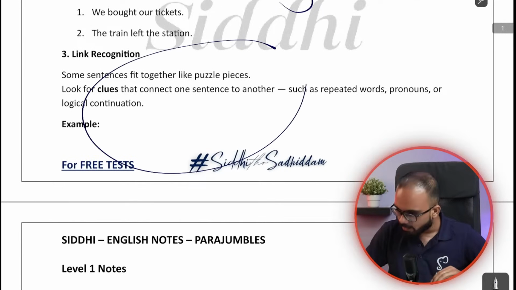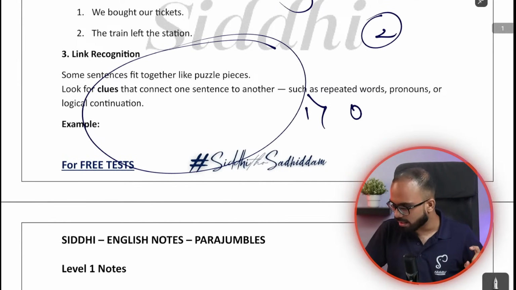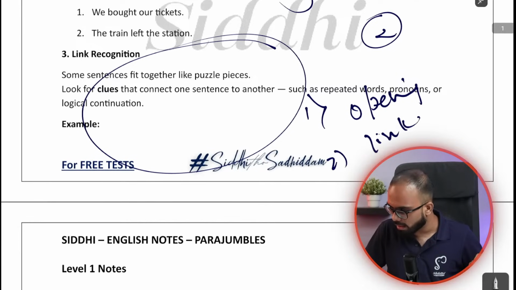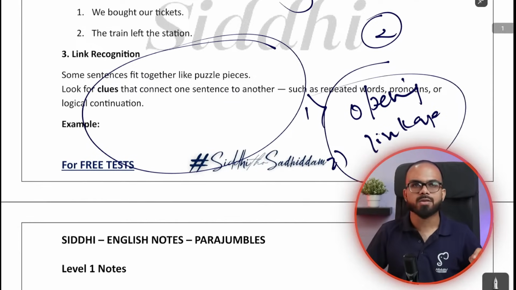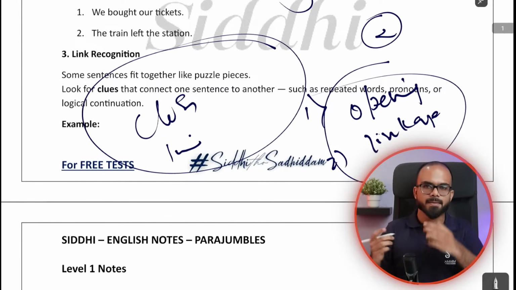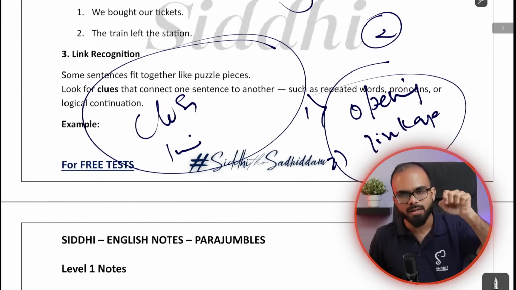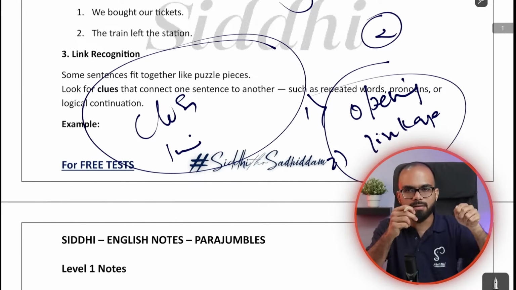Next is linking. Usually in parajumbles, you need to do two things. First is either identify the opening sentence and establish any one linkage, or identify a closing sentence and establish a linkage pair. For example, let us take one mandatory pair that you have identified: turn on the camera, plug in the cable.